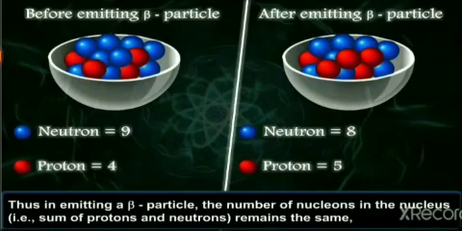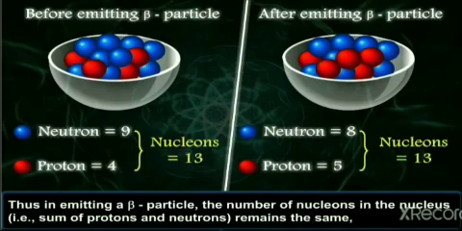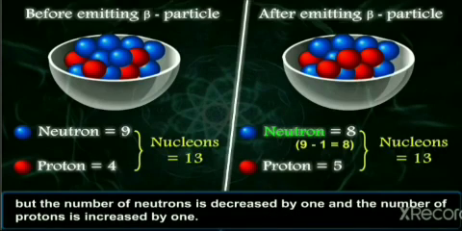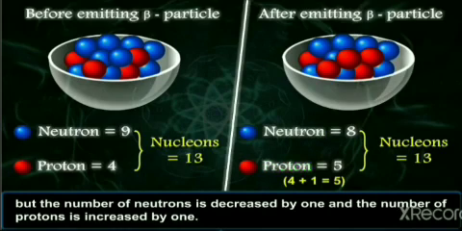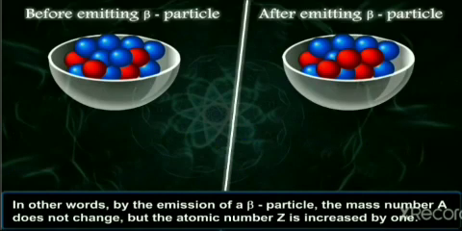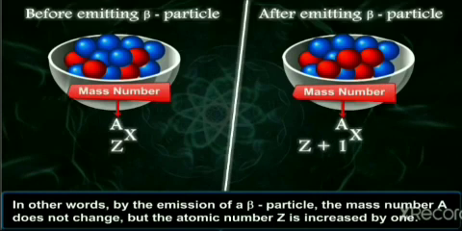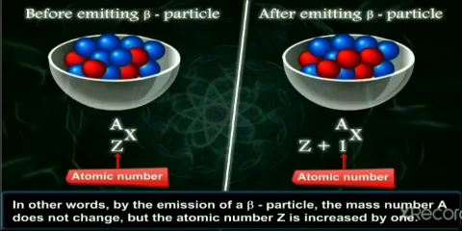In emitting a beta particle, the number of nucleons in the nucleus, that is, the sum of protons and neutrons, remains the same, but the number of neutrons is decreased by 1 and the number of protons is increased by 1. In other words, by the emission of a beta particle, the mass number A does not change, but the atomic number Z is increased by 1.